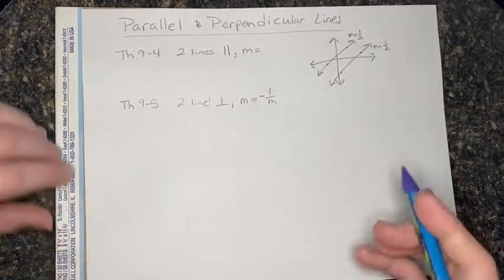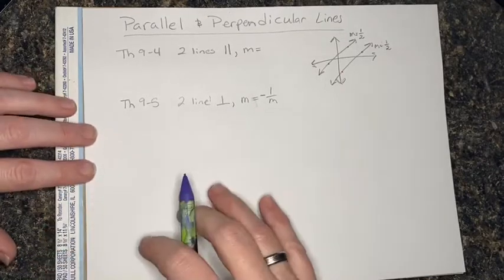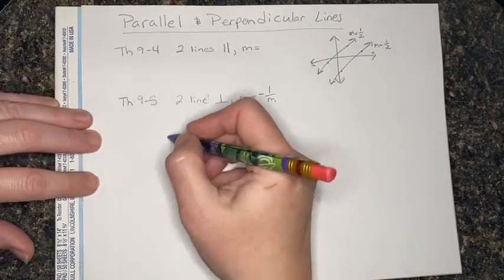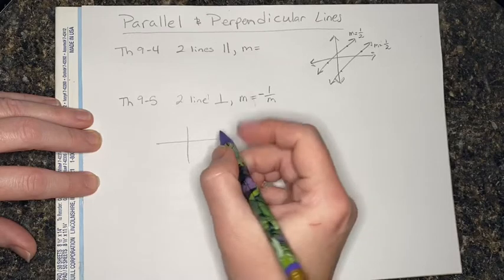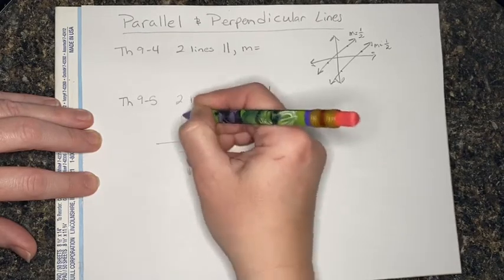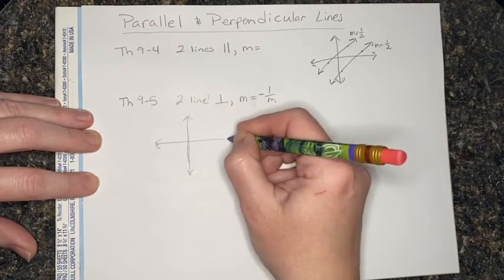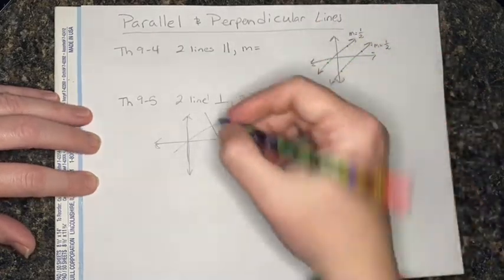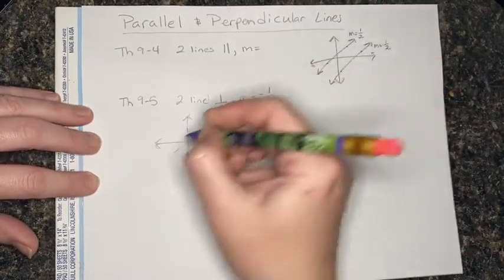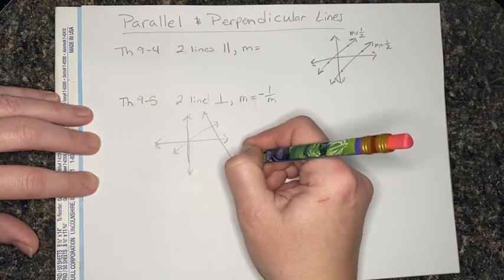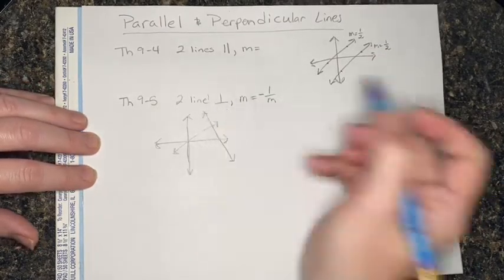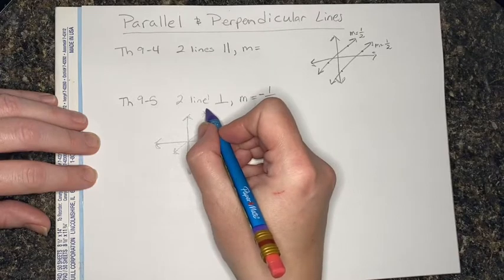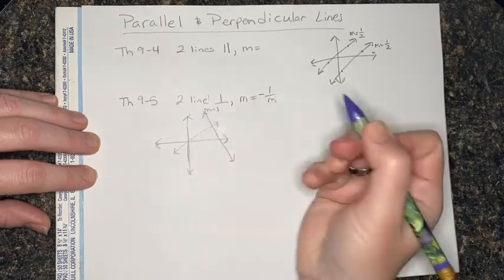Looking at that, kind of like the problem that we just did, we've got our coordinate plane, and we've got a line here and a line here. The slope of this line was -1.